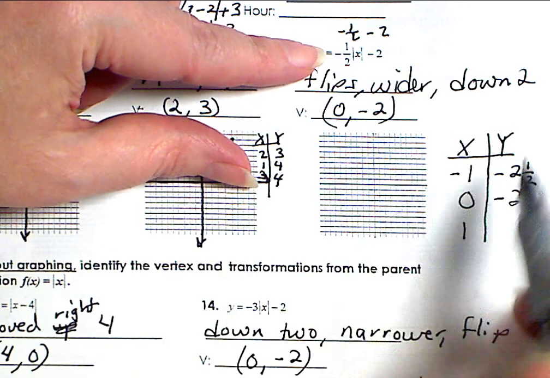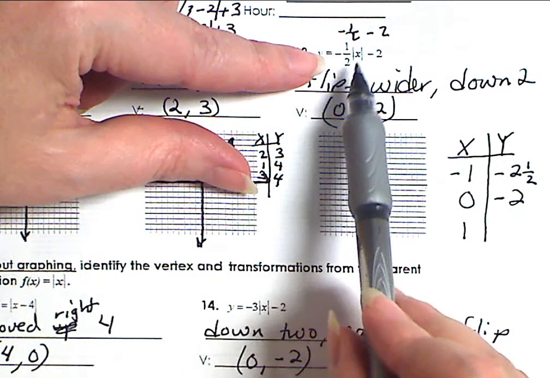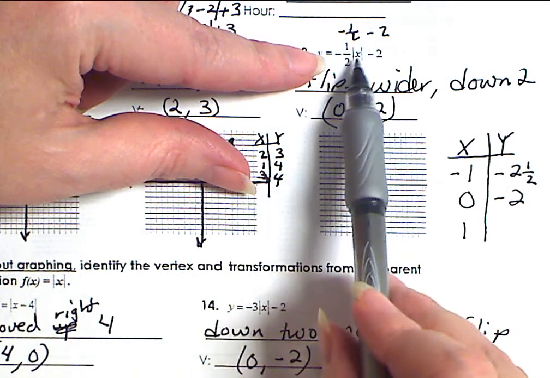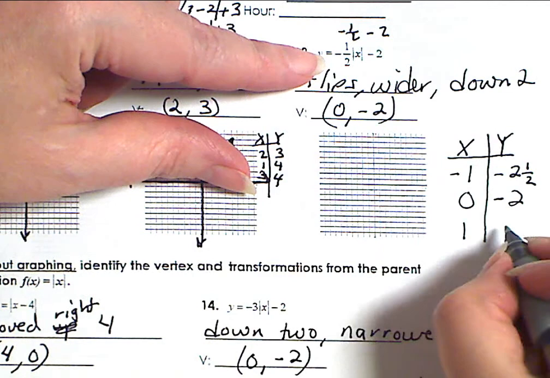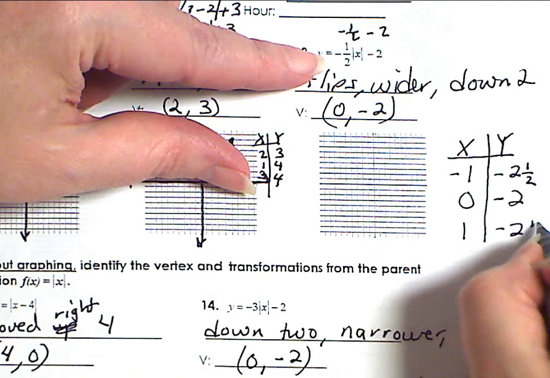And for the 1, we should have the same thing, which is -2.5.